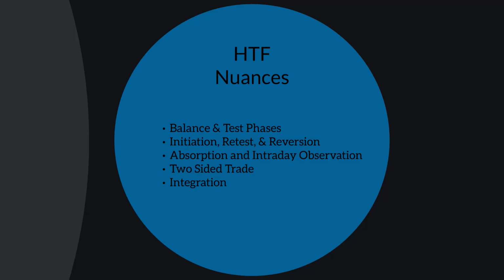And highlighting areas where the buyers and sellers are most active is going to give that two-way trade activity, that balance and test phase. Monitoring absorption on an intraday scale is going to allow you to zoom in and see those tight time frame opportunities and potential shifts in that market sentiment, leading to a more precise decision in pressing buttons, which is what we do.